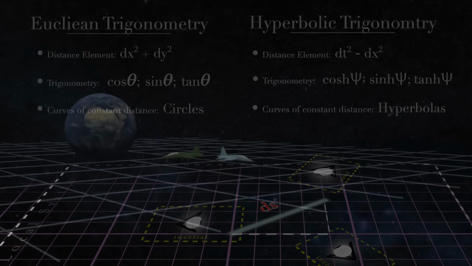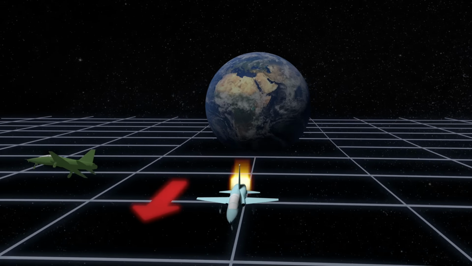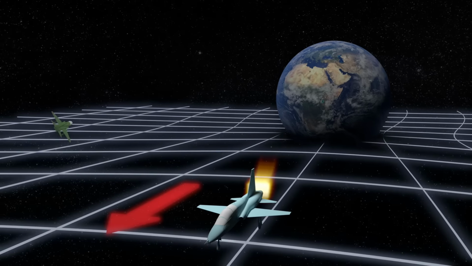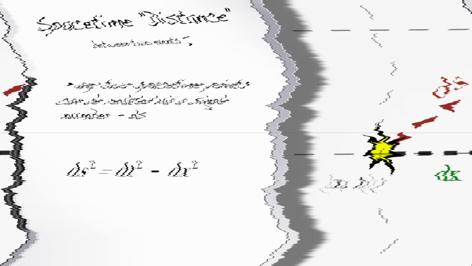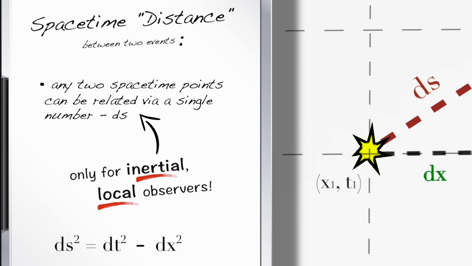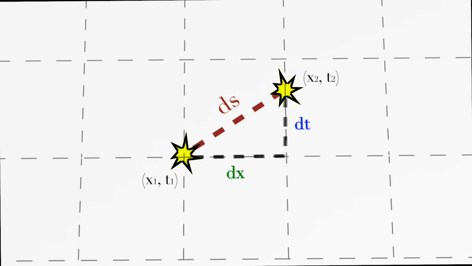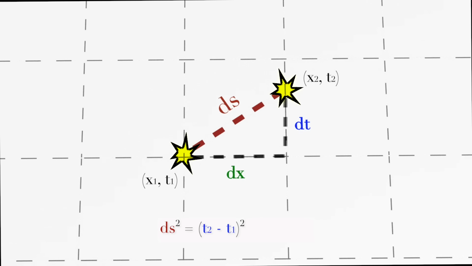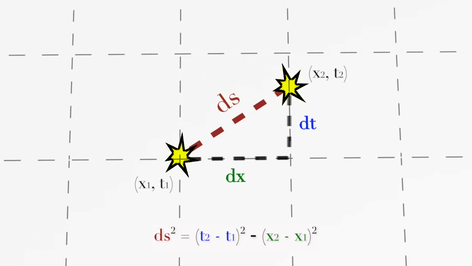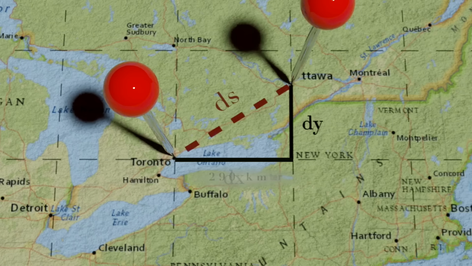But general relativity trades in both non-inertial frames of reference and in global systems. So this answer gets turned on its head. And we find that, if we try to describe the space-time distance between two nearby world events on an observer's space-time map, via expressing it through the coordinates dt squared minus dx squared, we will run into the same problem we had with describing physical distance on a map of the Earth.